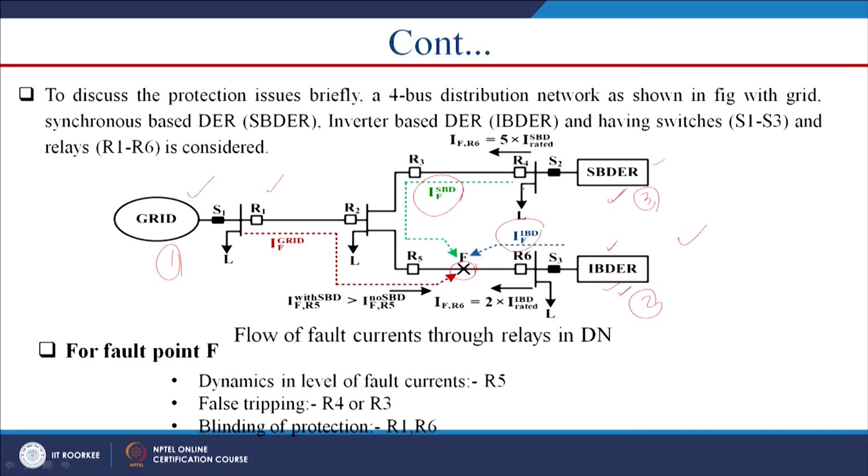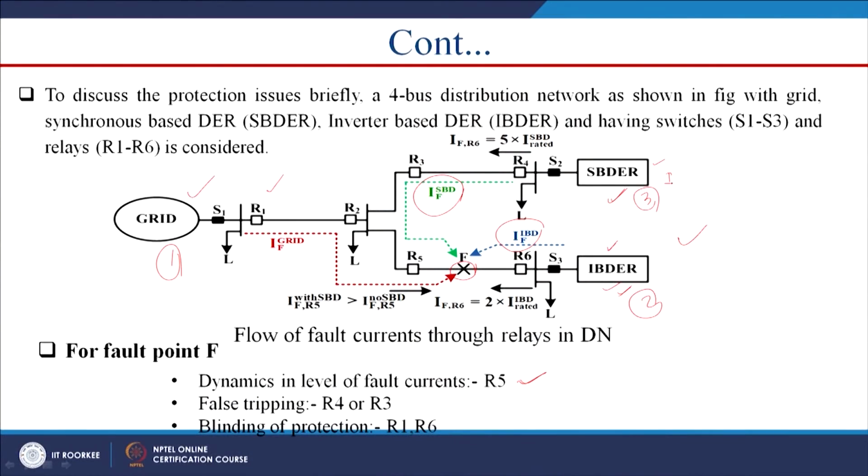Now, let us see what issues come up due to this. The first issue is the dynamics in the level of fault current seen by relay R5. This R5 will see a huge amount of current, that is 5 times the rated current. So we have to keep proper settings so that the relay will trip properly.